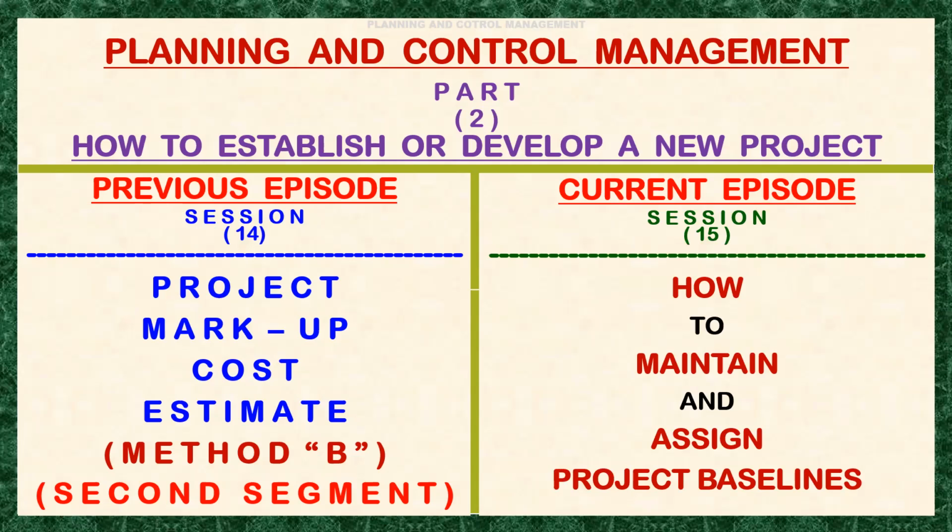Okay, before we proceed, let me first present the comparison of method A and method B project cost estimate that we performed in our last sessions. The reason I am presenting this in advance is that it is related to today's topic, how to maintain and assign project baselines.